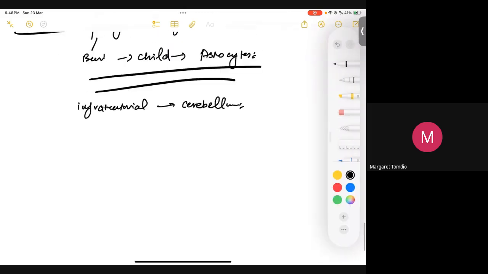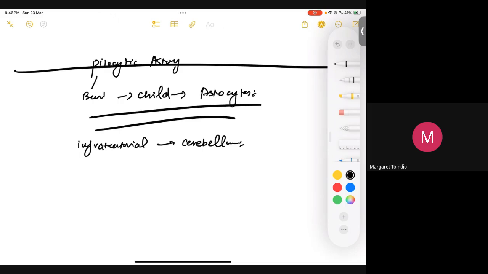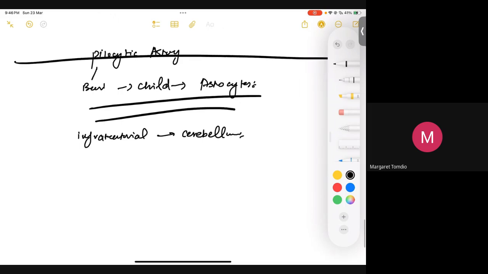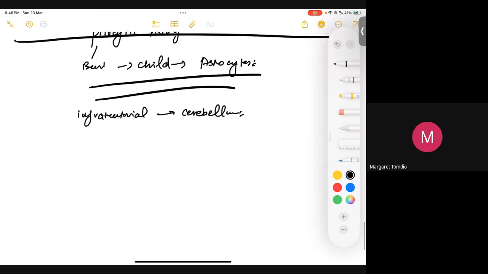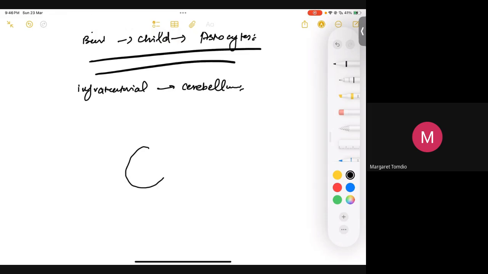Okay, perfect. So what would be the appearance of pilocytic astrocytoma on CT? You can simply imagine it as pilocystic, because this word is going to help you remember the cyst-like structure which it is going to form. So we are going to have a cyst-like lesion, and attached to it a dense area, also known as a mural nodule.